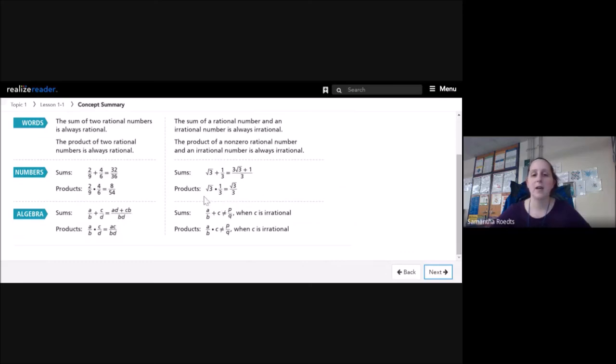Use the same type of thing. The product of the square root of 3 times 1/3 is the square root of 3 over 3. So my sums, A/B plus C cannot be P over Q when C is irrational, and A/B times C cannot be P over Q when C is irrational. All right, so that is the end of Unit 1, Lesson 1.